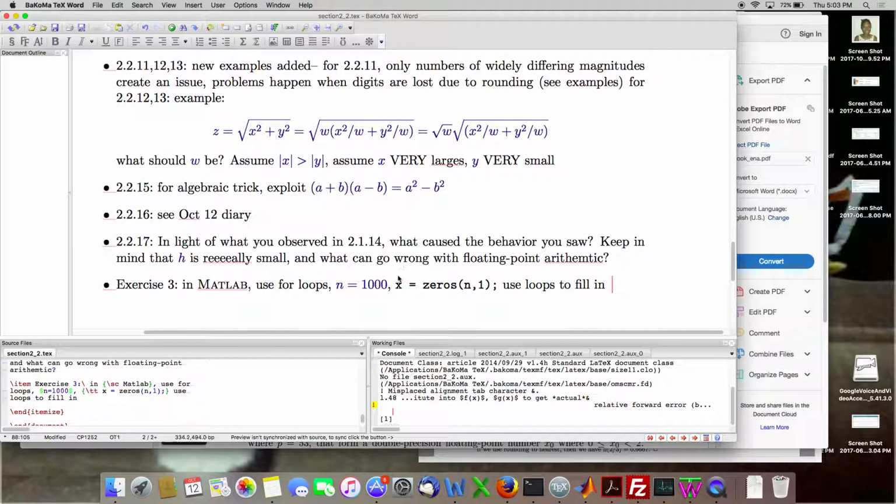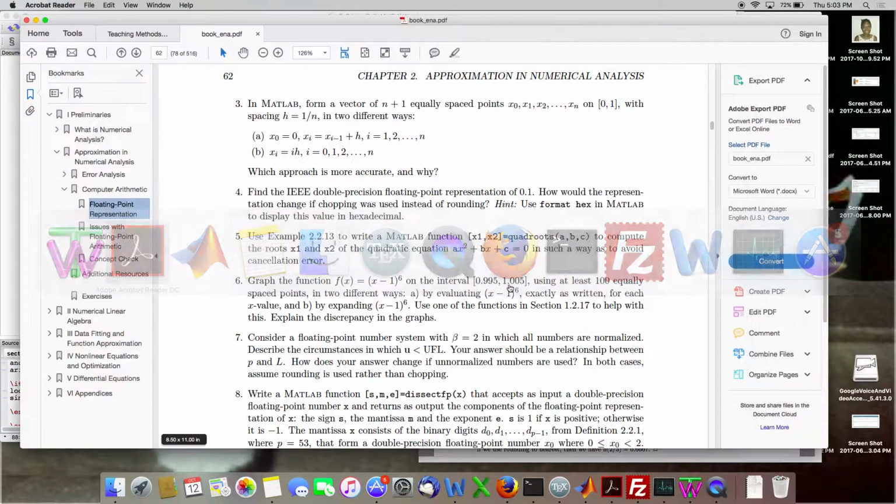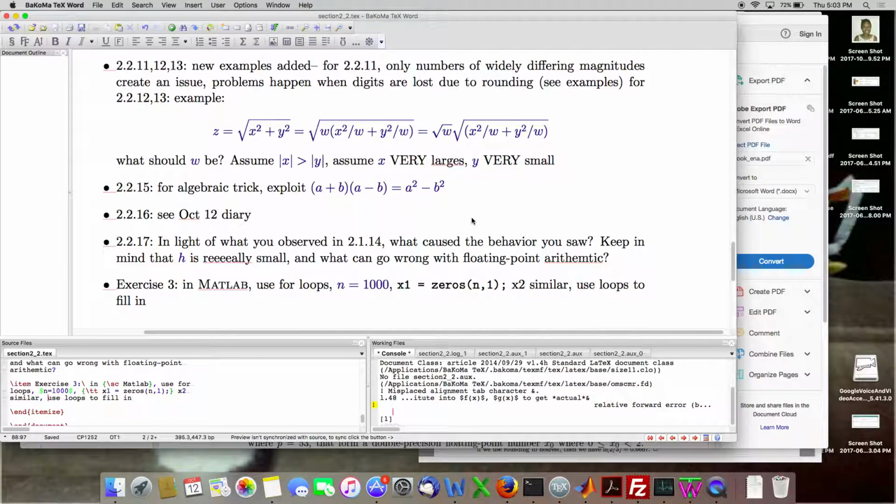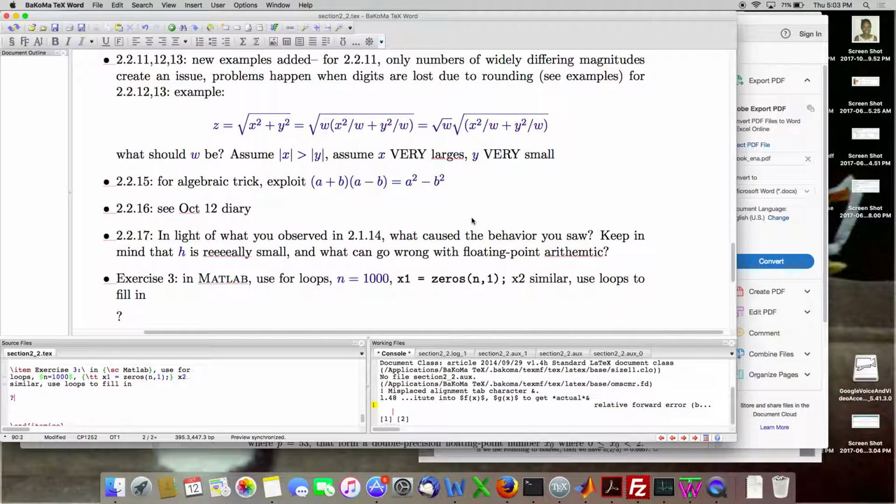And so for instance, you could create two vectors like x1 and x2. I'm going to call this x1. And another vector x2 because you are creating this in two different ways. And use loops to fill in x1 of i or x2 of i.